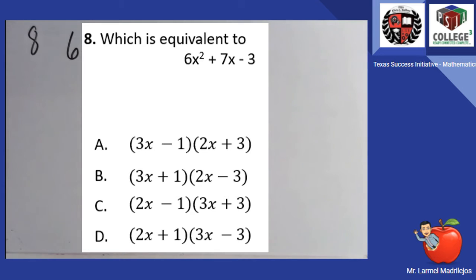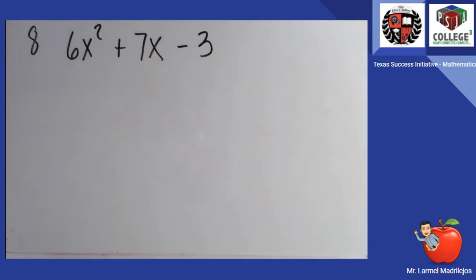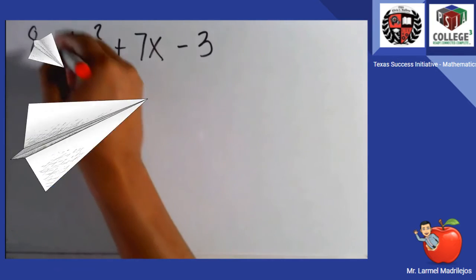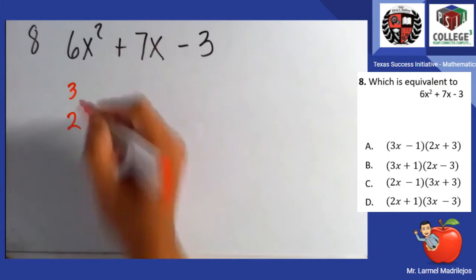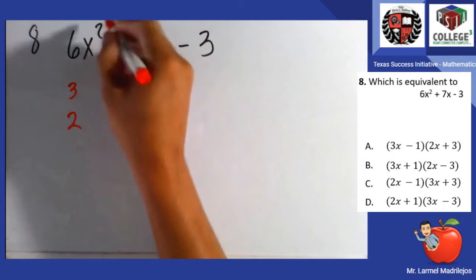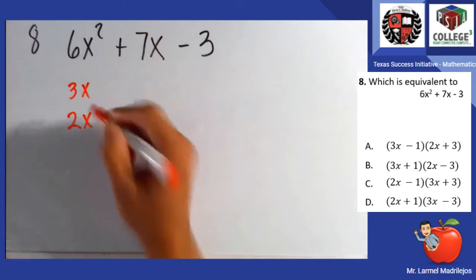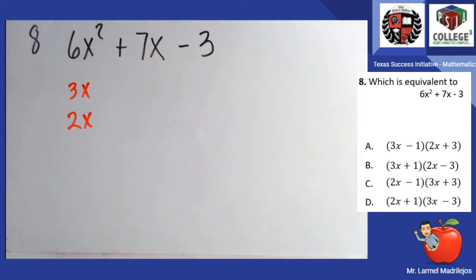This is medium. Okay, medium. Let's start with this. Let's get the product of 6. This is positive. The product of 6 is 3 times 2. Okay. And x squared is x and x. Well, we need to look for the product of negative 3.